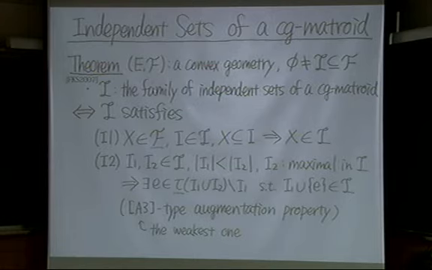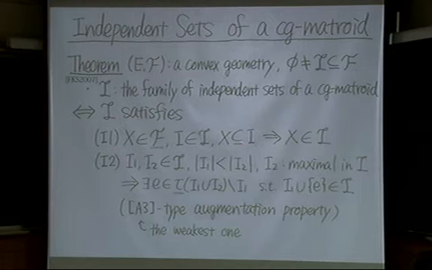Okay, let (E, F) be a convex geometry and script I be a subfamily of the family of closed sets. Then script I is the family of independent sets of some CG matroid if and only if script I satisfies the following 2 properties. The first one is any closed subset of an independent set is also an independent set.